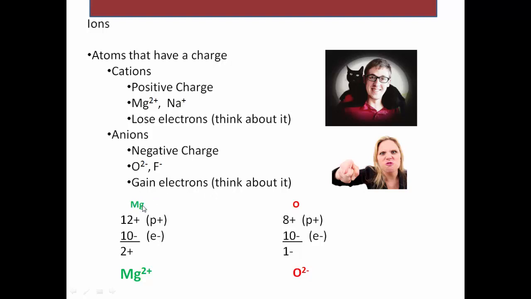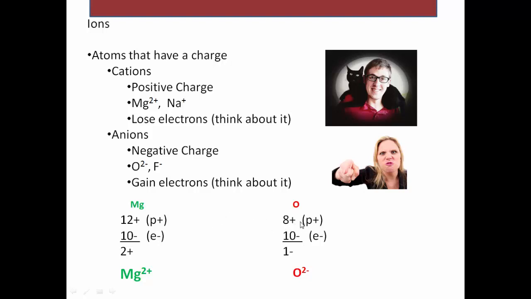So let's think about our magnesium from 2 slides ago. It had 12 protons. It had 10 electrons. So that means it has a 2 plus charge. So magnesium ions are always written as Mg2 plus. Oxygen, on the other hand, it has 8 protons.